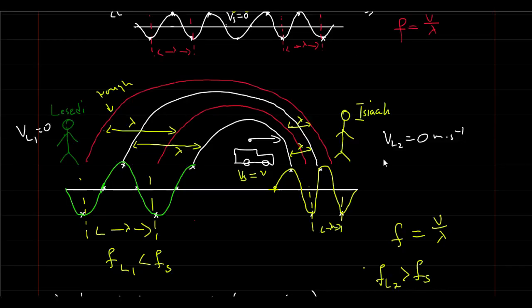As you can see from this situation, whereby the sound source is moving towards Isaiah and away from Lesedi, the frequencies observed by each person are different compared to the frequency emitted by the sound source.